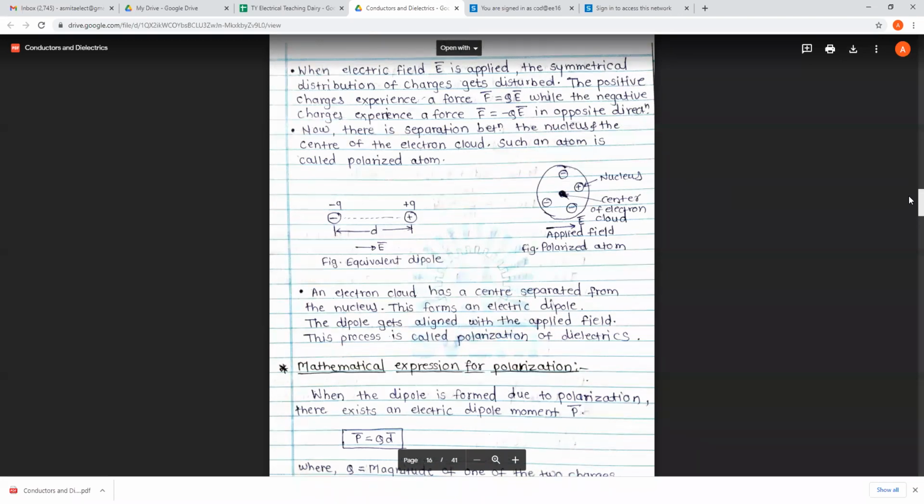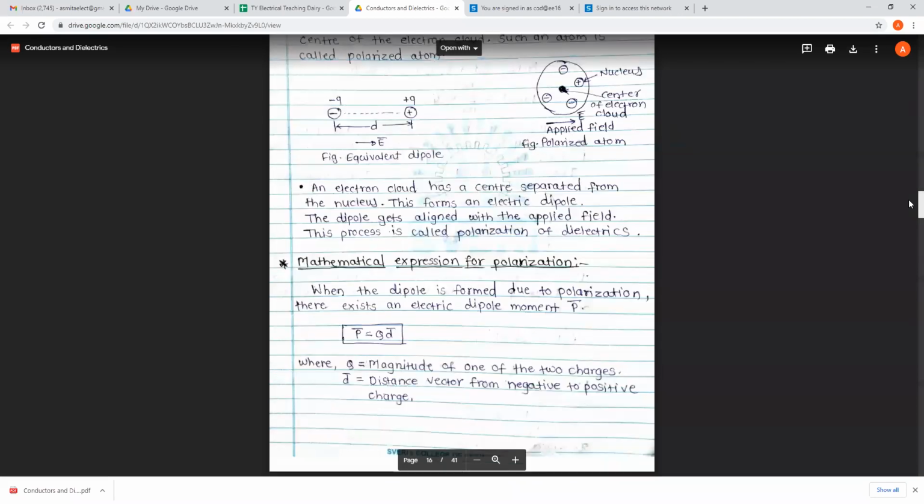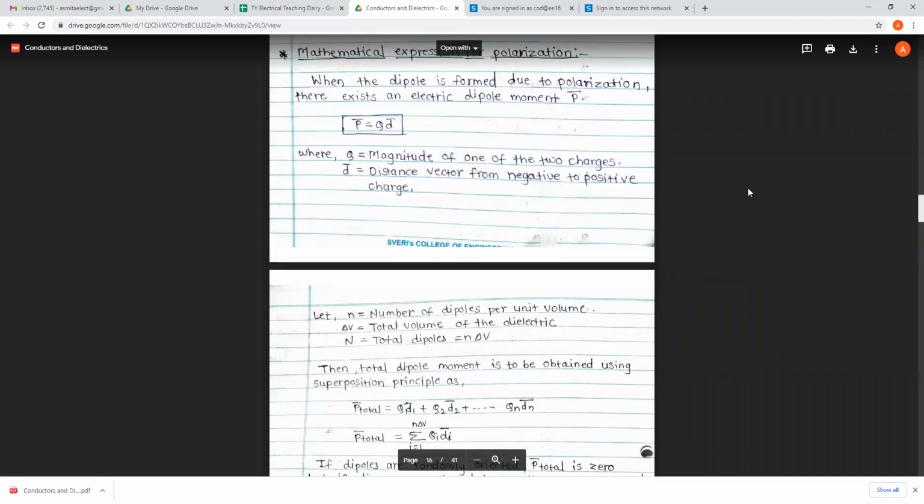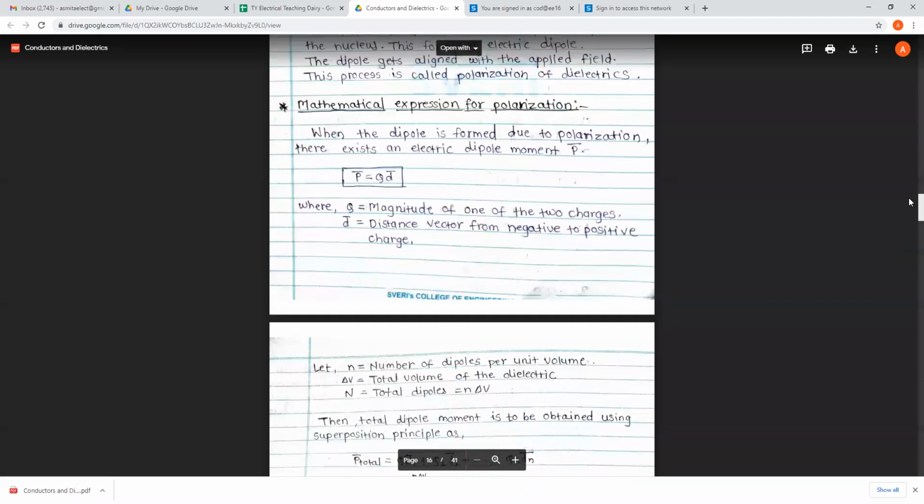Then that atom is called a polarized atom. When we apply the electric field, we get the mathematical expression for polarization.